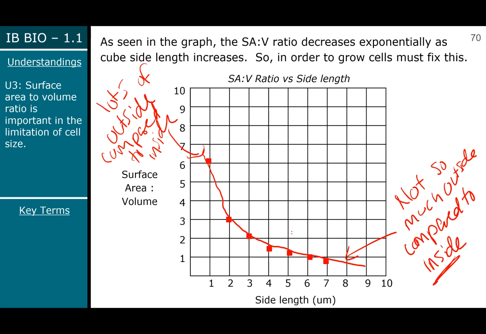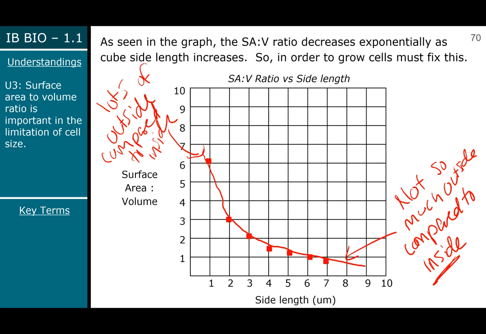All right, so this means your insides are very, very big. And this is where you start to have problems getting enough materials in and out. So you can think of surface areas as like the door to get stuff in and out. The more doors you have to get stuff in and out, right, the better off you are. But as your outside gets smaller compared to your inside, that's not a great idea because the bigger your insides get, the more materials you need. So this is why this is a limitation on space.